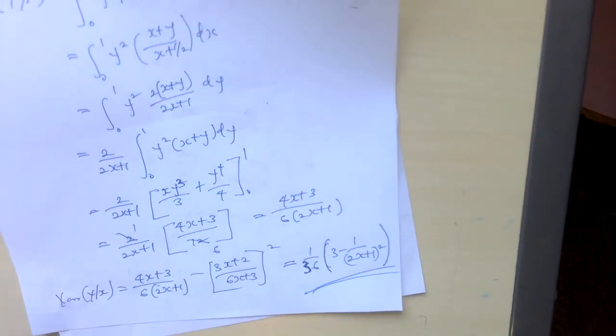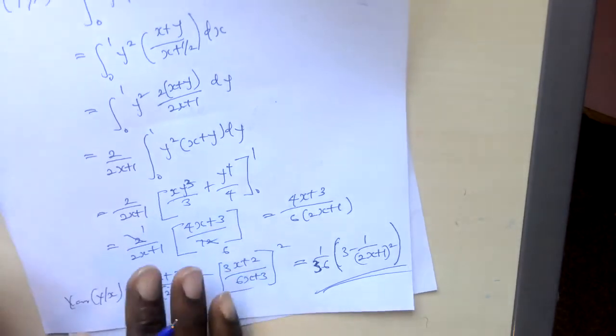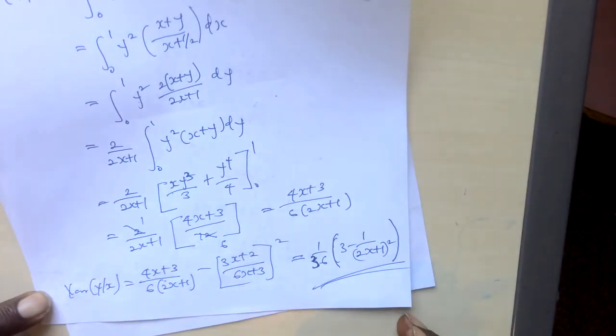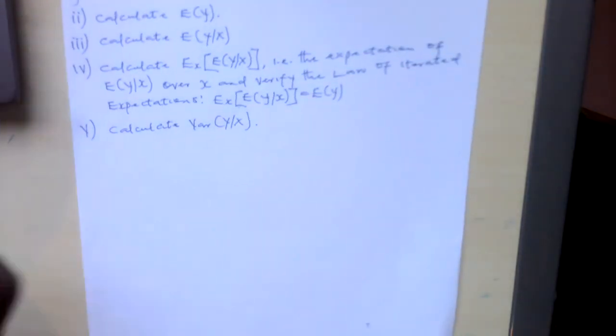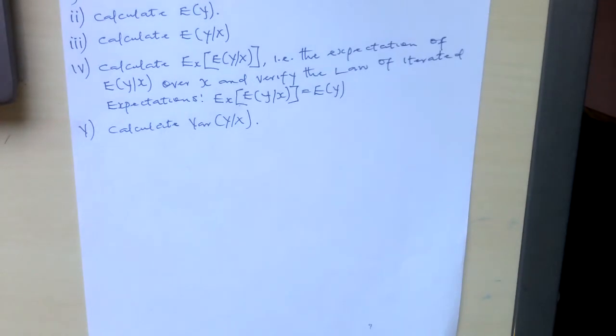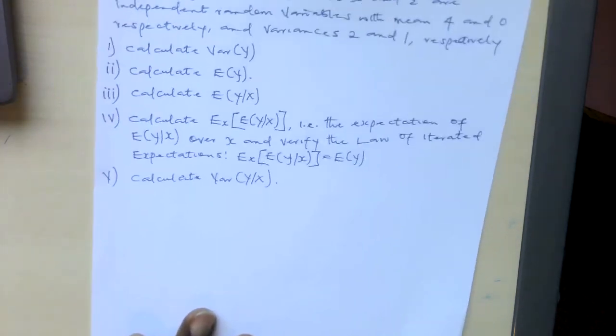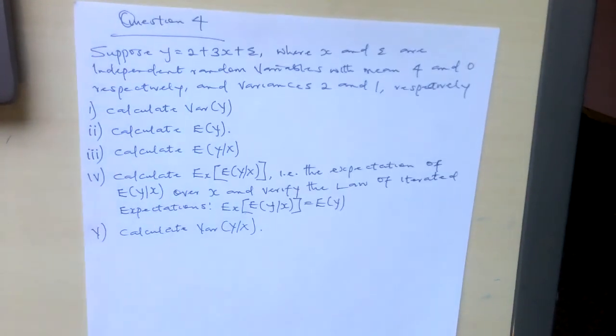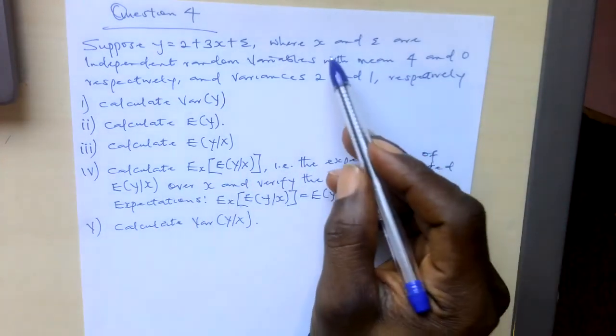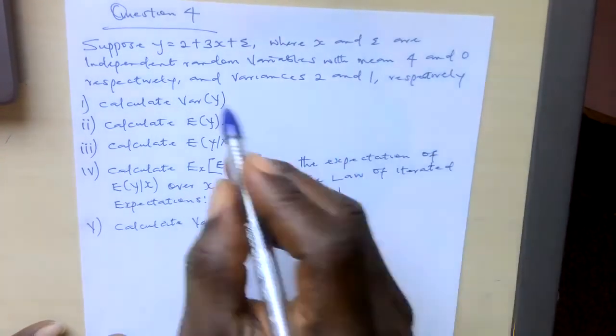Yeah, so that's it. Let's move to the last question, which is question 4 now. So the last question says, suppose y is 2 plus 3x plus error, where x and error are independent random variables.